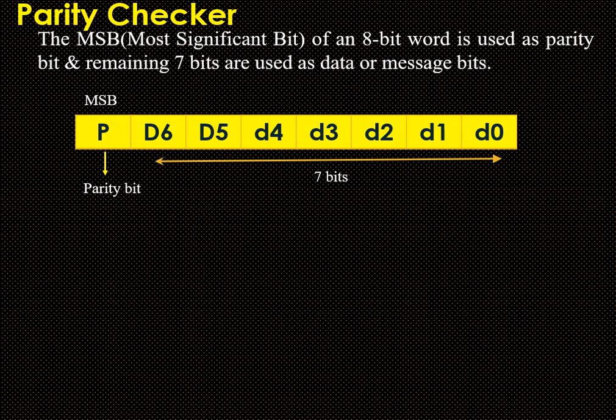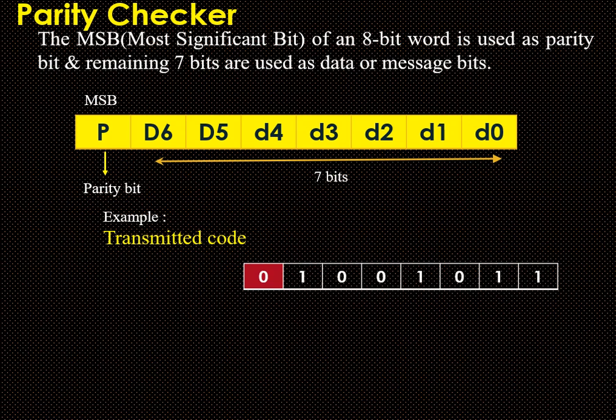Let me take one example to explain the parity checker. Suppose the transmitting code is 0 1 0 0 1 0 1 1. This is the message data. The MSB bit indicates the parity bit.